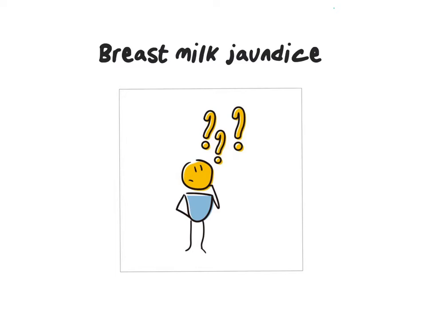Breast milk jaundice is, again, in the name. So we don't know exactly why breast milk jaundice happens, but we think it's as the result of something in the milk itself that is inhibiting, some of the theories say it's inhibiting the UDP-GT enzyme.